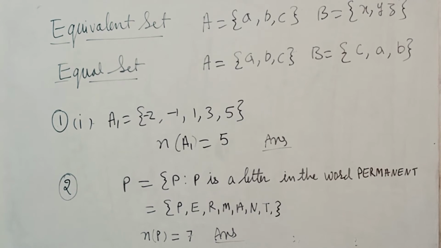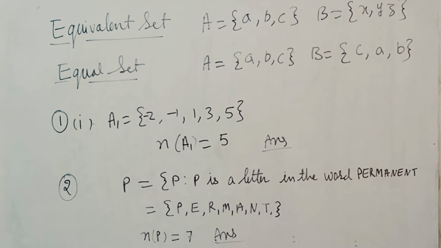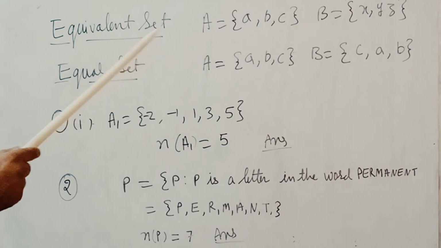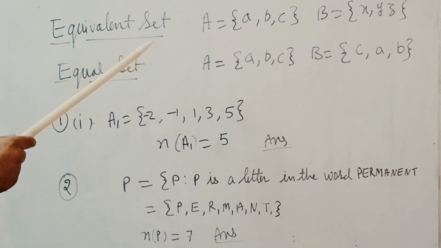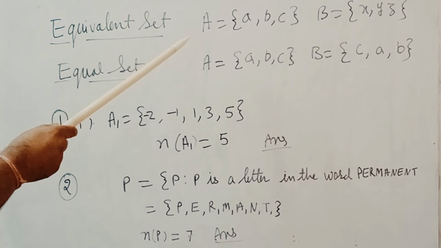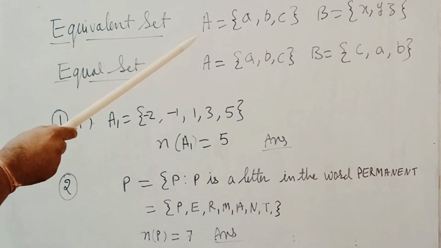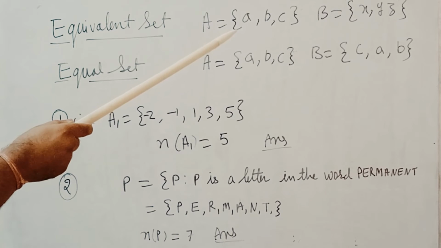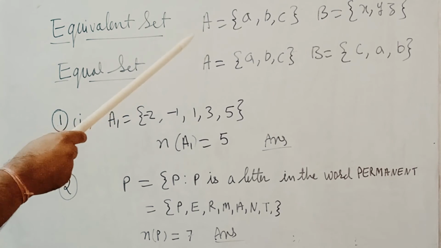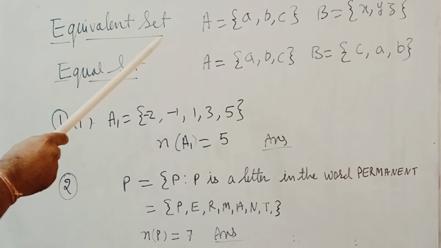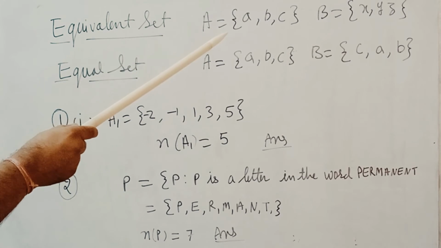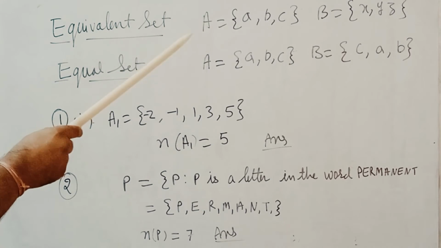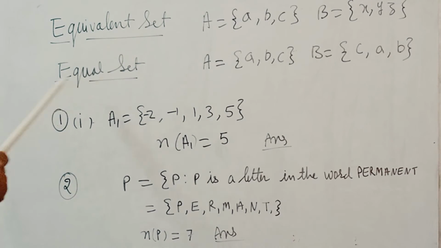Children, now we'll take the equivalent set. What is an equivalent set? Whenever we have two sets and the cardinal numbers of the two sets are equal, then we say the sets are equivalent sets. As we see, set A having elements a, b, c, having three elements, and B having x, y, z, both have three elements in them, and therefore the cardinal number of A is 3 and the cardinal number of B is also 3, so that is known as equivalent sets.